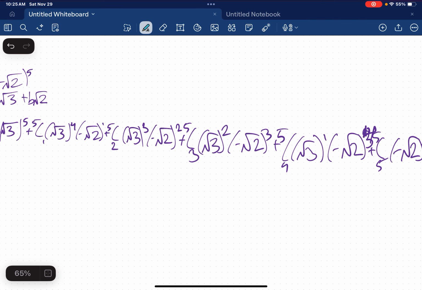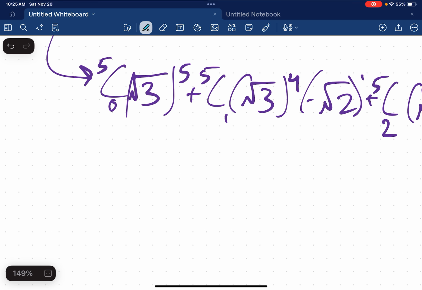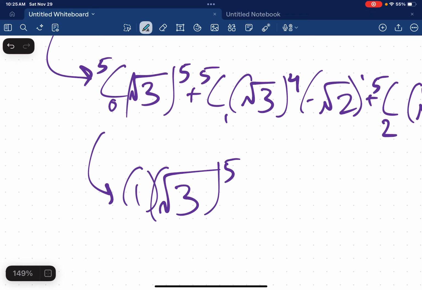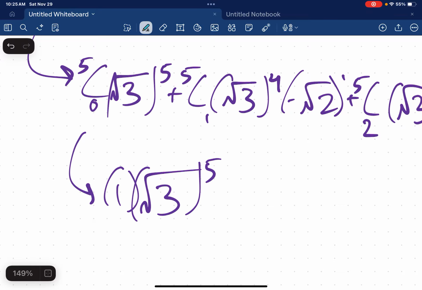Okay. And now we just have to simplify each of these terms. That's just going to be 1 times square root of 3 to the power of 5.